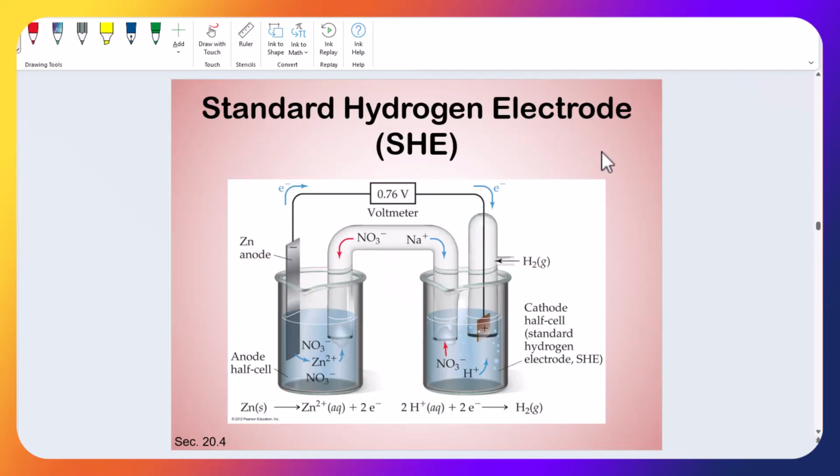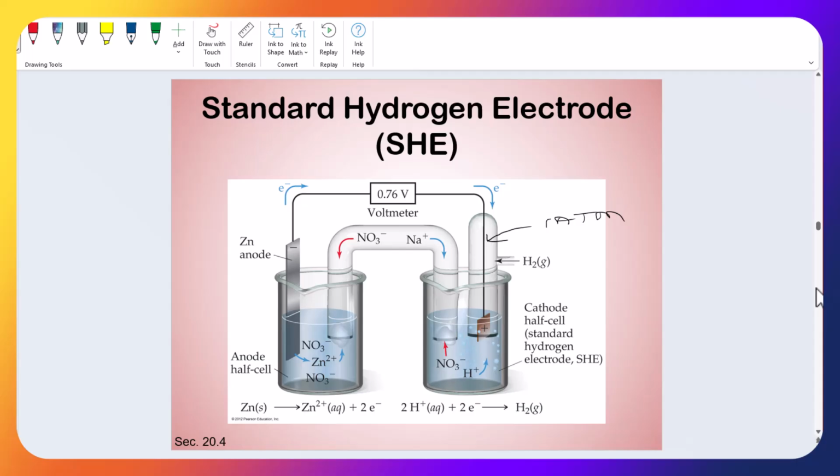So standard hydrogen electrode, that's what the SHE stands for. This is the way we measure the standard reduction potential for different substances. Over here, this is a container that holds hydrogen gas. Of course, it's at 1 atmosphere of pressure. Those are the standard conditions.